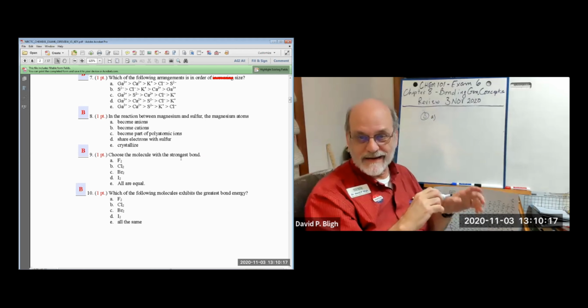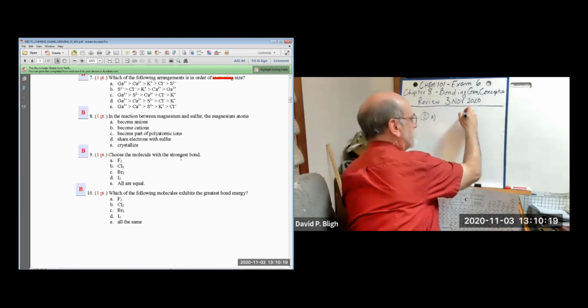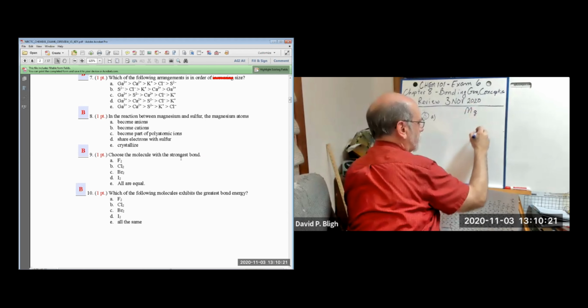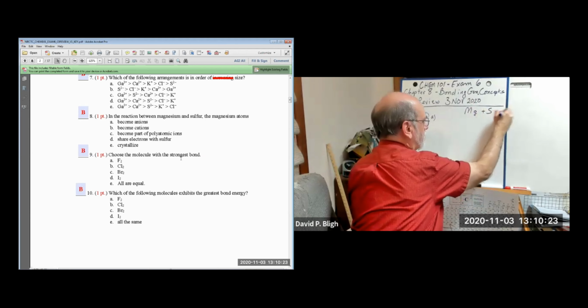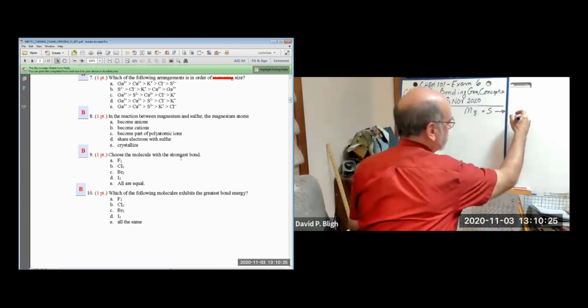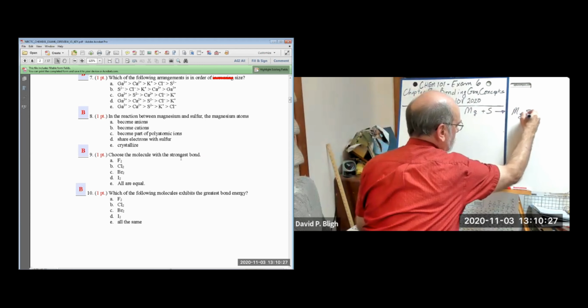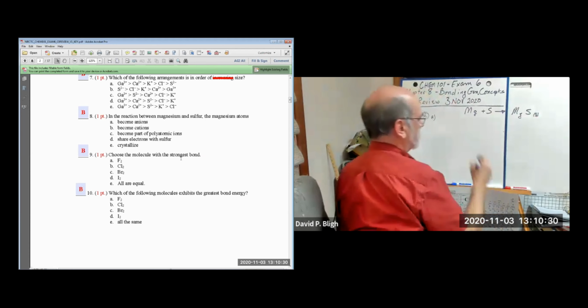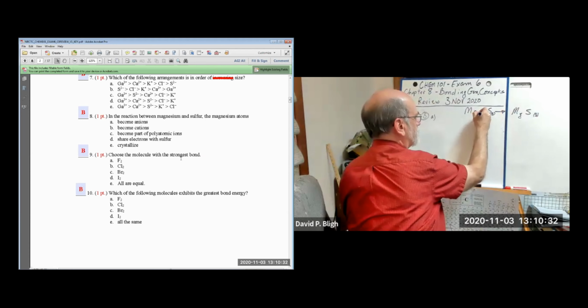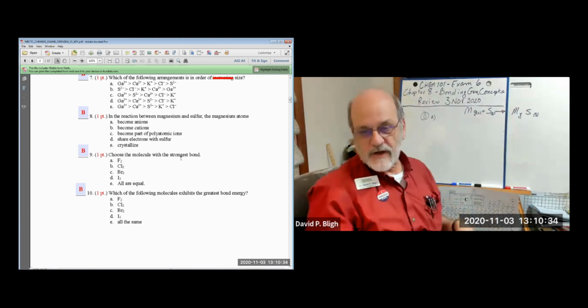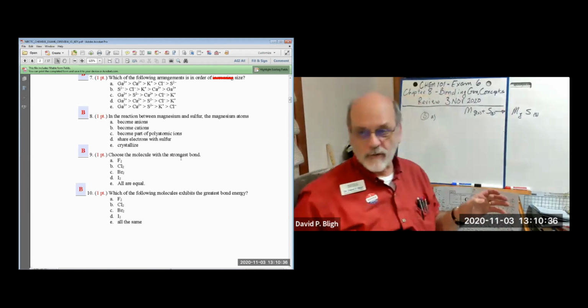we're starting with magnesium and sulfur, and they're both solids. They form this compound. How do we know they form that compound?